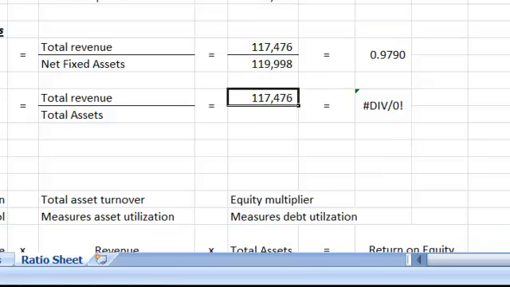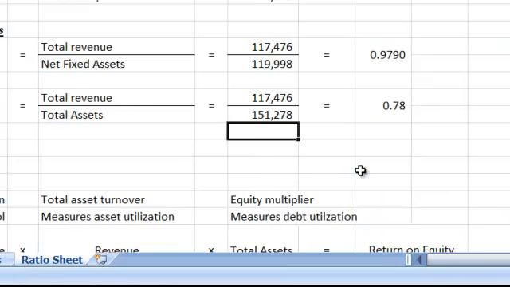Now, since this ratio, total asset turnover, takes the same number of total revenue on the numerator, I just simply reference this cell here, so I don't have to go back over to the financial statement because I know it's the same number. And that's a fine trick to use. However, remember, if you made a mistake here, you're going to have a mistake there too. So now let's find what our total assets are.